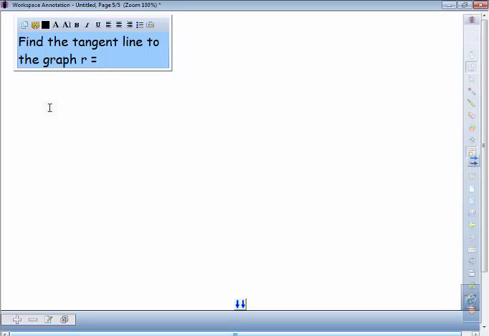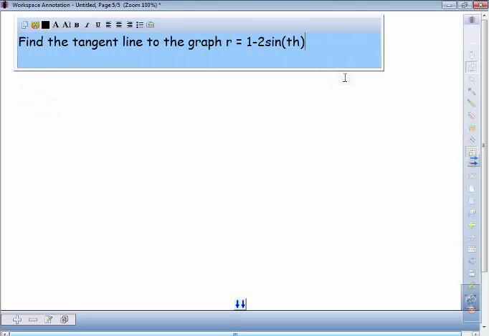One minus 2 sine theta. Ooh, theta. I'll put TH for theta. I don't have any symbols for this. And theta is equal to, and I need a specific theta to work with.